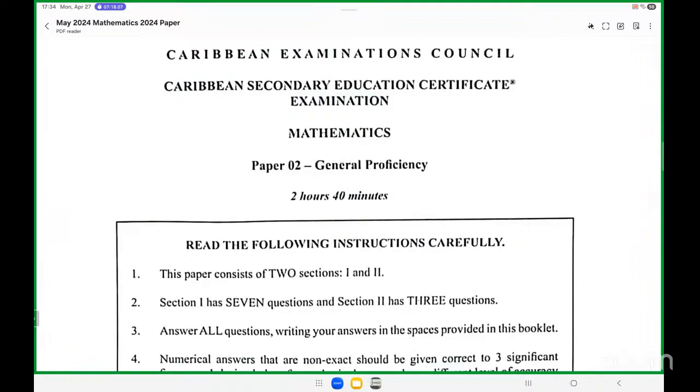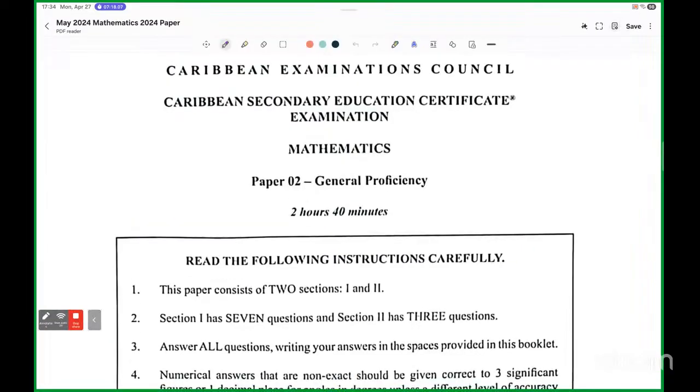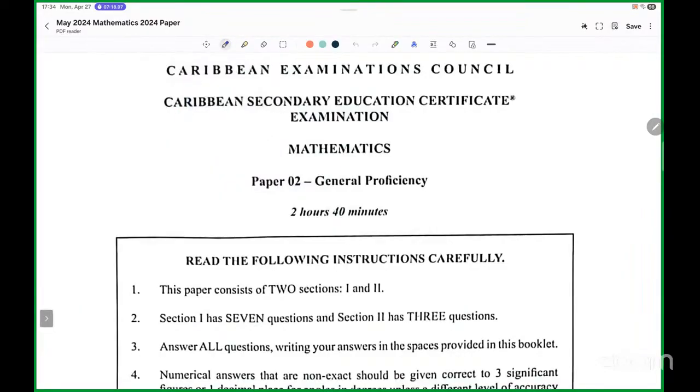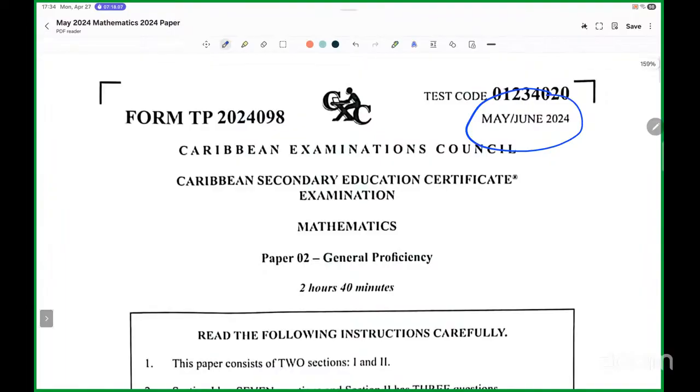All right, so this is the May 2024 paper, and let's get cracking.